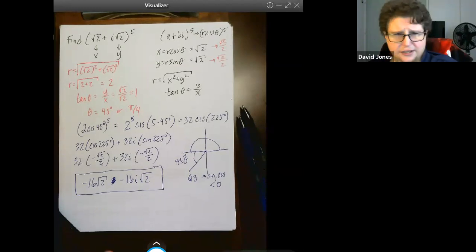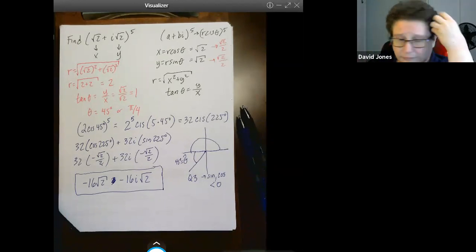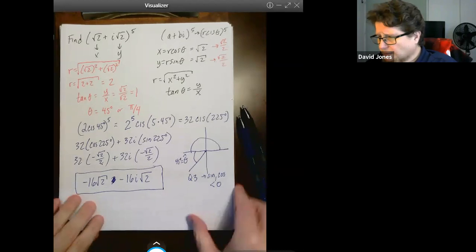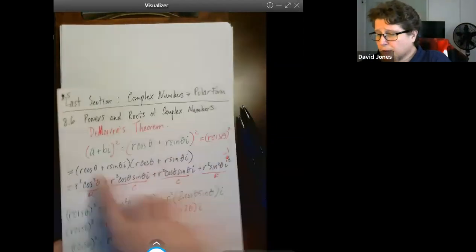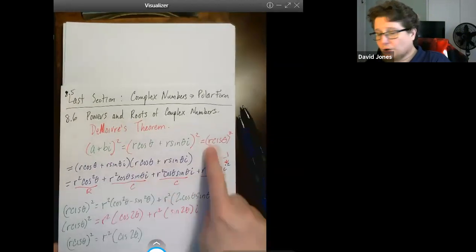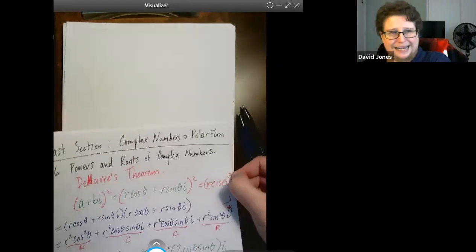So let's go a little bit further with this. I started this off with a plus bi squared, and that was r cis theta squared. We eventually moved on to this 2 being an n.